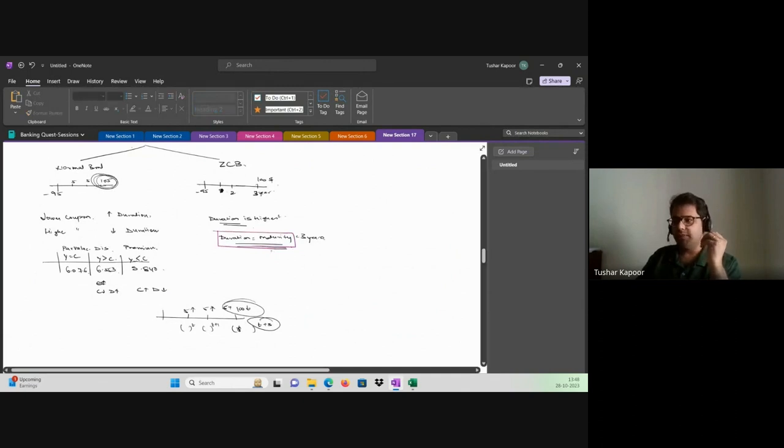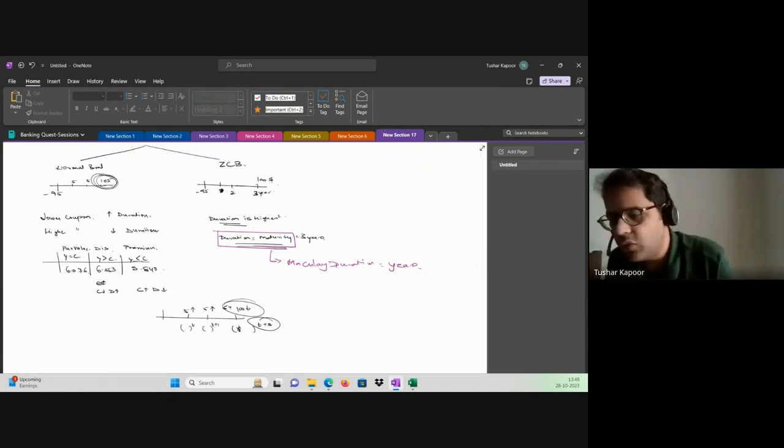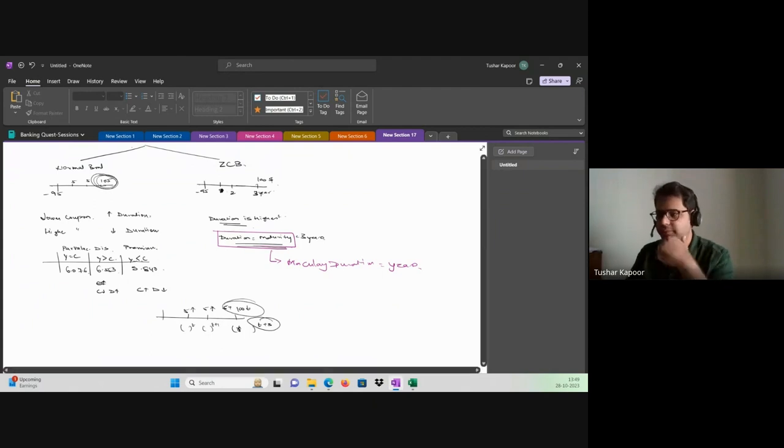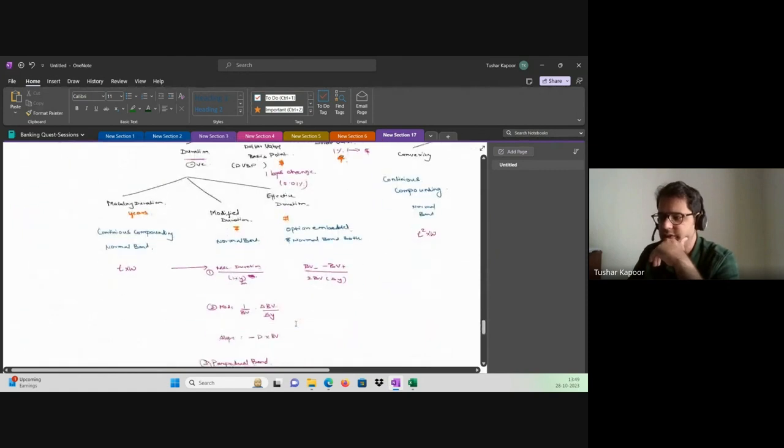This is where we are talking specifically about Macaulay duration, where everything is mentioned in terms of years. My duration is 3 years in this case, and my maturity is also 3 years. That's the first way of how they came about this method.